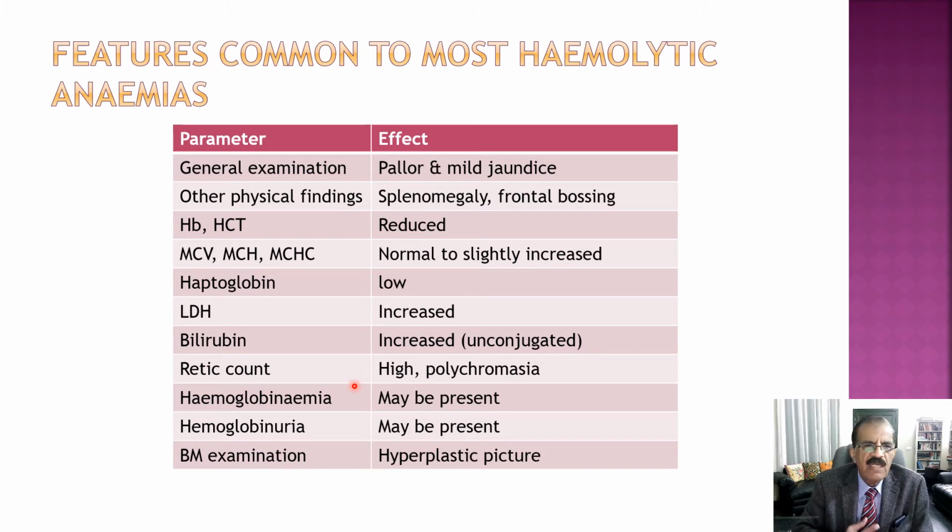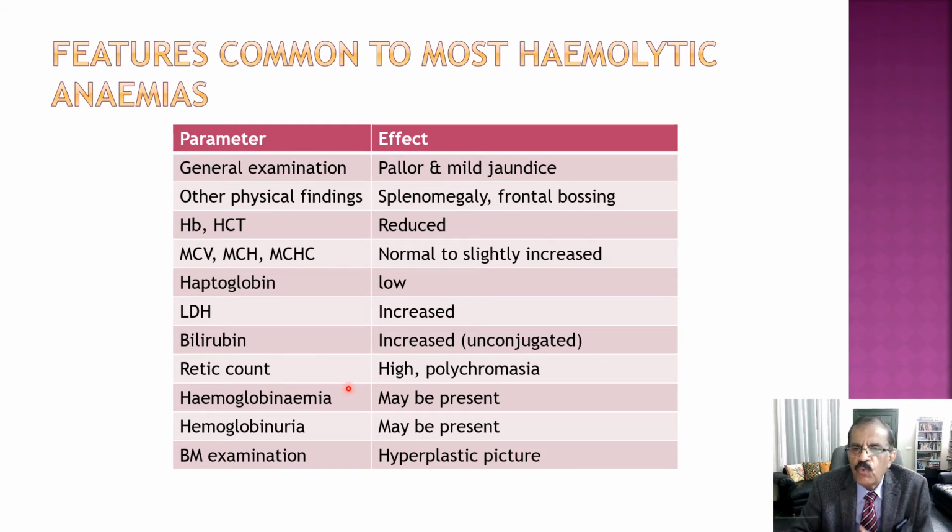Now, what is the retic count? Reticulocyte is a young RBC, about one day old, which stays in the peripheral blood only for one day. If there is hyperplastic bone marrow, that would be reflected as increased reticulocyte count.